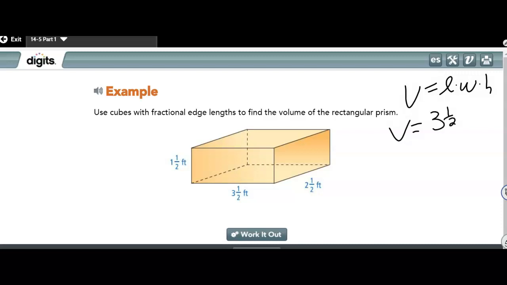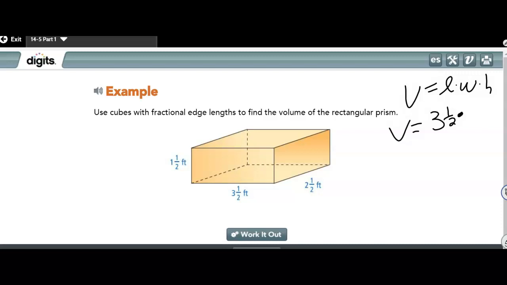So, in your calculator, type in 3, ABC, which is 3 buttons above the 7. Type in 1, ABC, 2. Nothing more. That is 3 1/2.